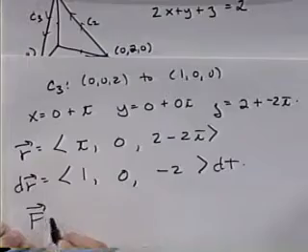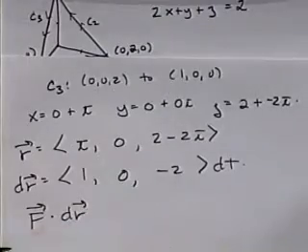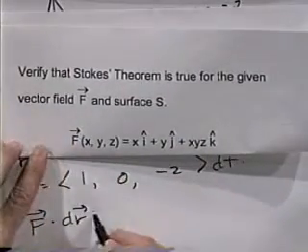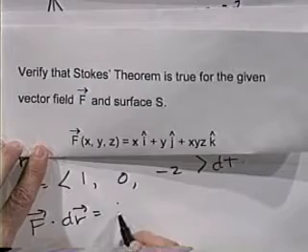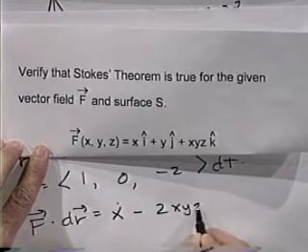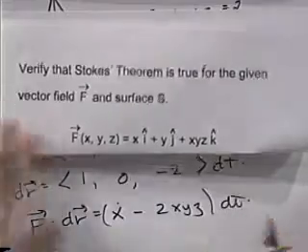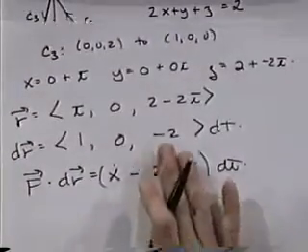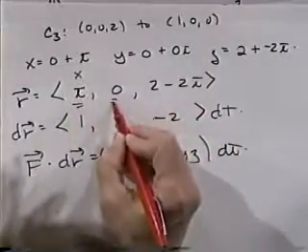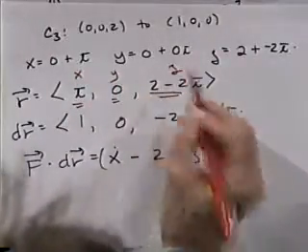And if we take f dot dr, we're dotting this vector with this vector. We get 1 times x is x, 0 times anything is 0, minus 2xyz dt. Except on this curve, this is x, this is y, this is z.